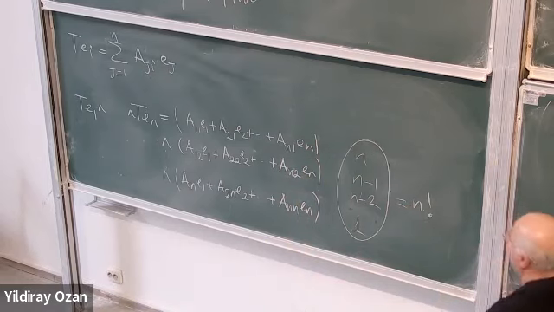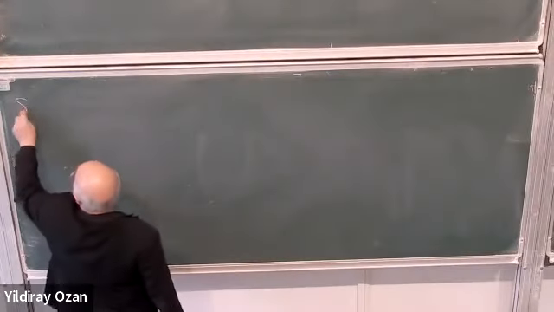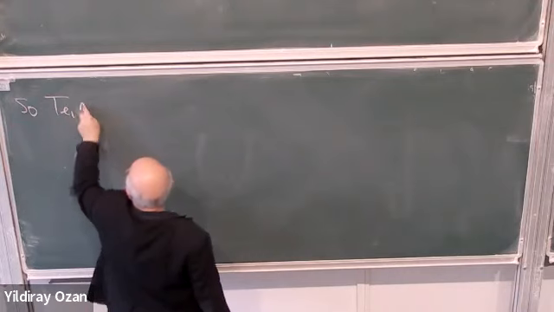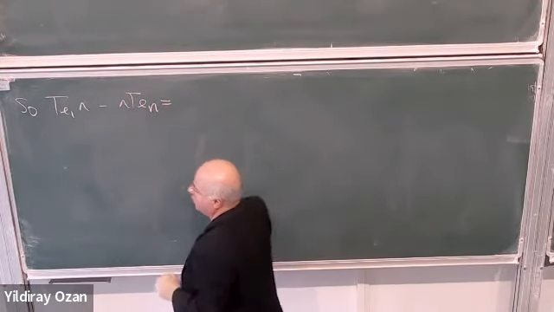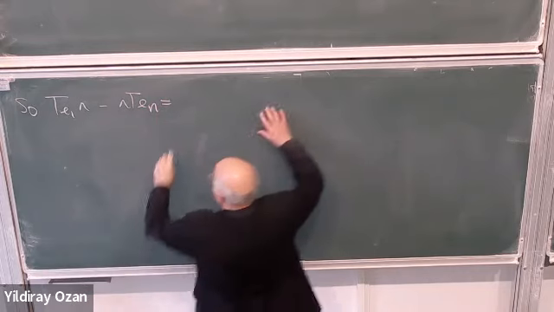And if you open this up, what you will get is that T e_1 wedge ... wedge T e_n will be just the following.